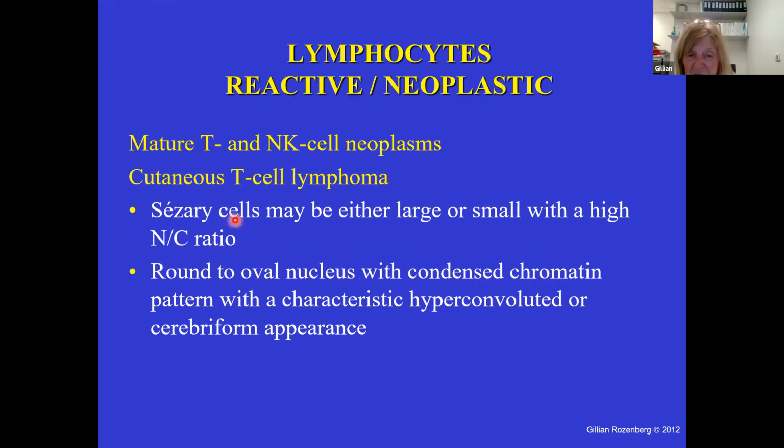Sézary cells may be either large or small with a high NC ratio. They have a round to oval nucleus with condensed chromatin pattern with a characteristic hyperconvoluted or cerebroform appearance.